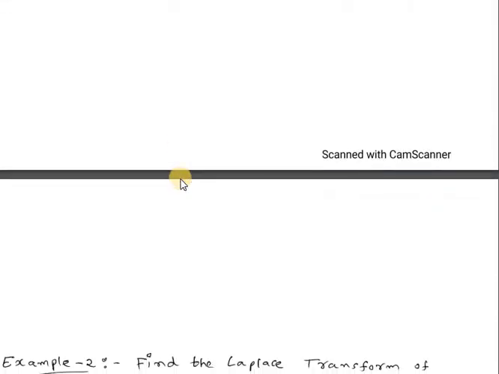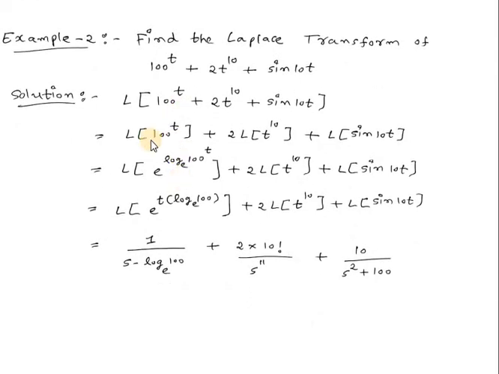Now let us discuss the second example. Find the Laplace transform of 100 raised to t plus 2t raised to 10 plus sin 10t. So this can be written as Laplace of 100 raised to t plus 2 into Laplace of t raised to 10 plus Laplace of sin 10t.